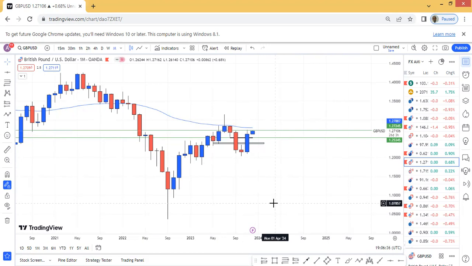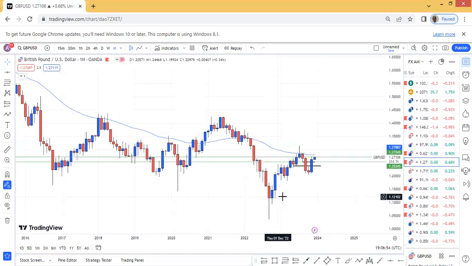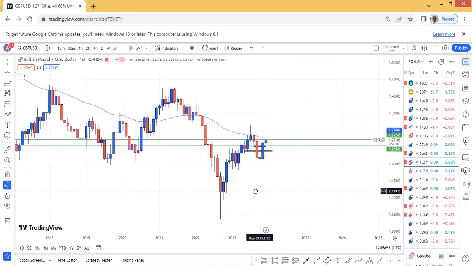When we look at the chart, we'll realize that there is a morning star pattern that has been formed. And this morning star suggests to us that price is going to continue pushing up.